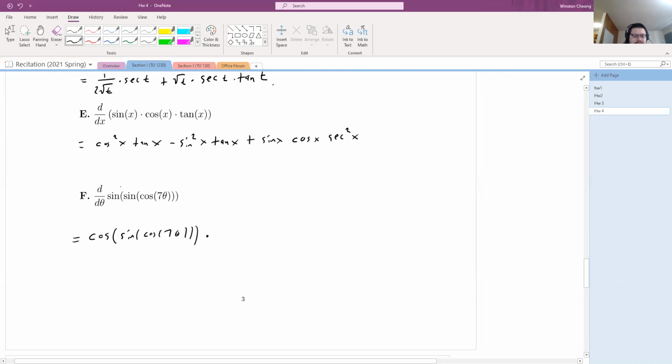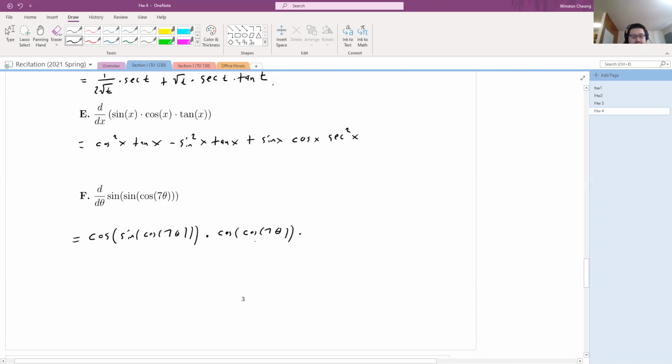Okay, and then times. So next I'm looking at the inner function, which is the sine of cosine of 7 theta, and I'm taking its derivative. The sine function is still the outermost thing, so we take that derivative and we'll get a cosine. Okay, now the inner contents are going to be the cosine of 7 theta. So we just copy down cosine of 7 theta, and we have 2 parentheses.